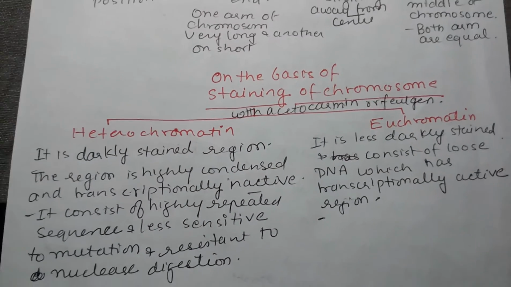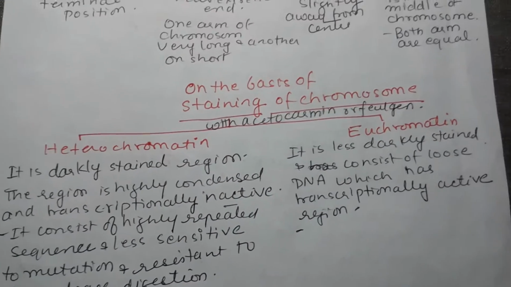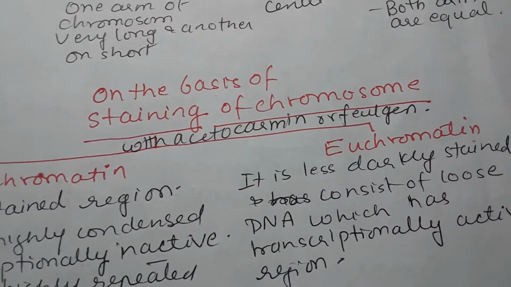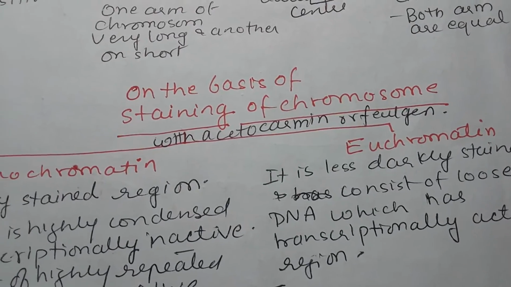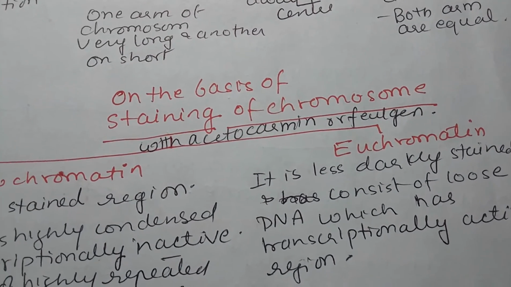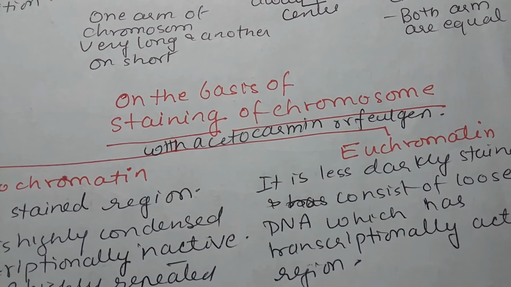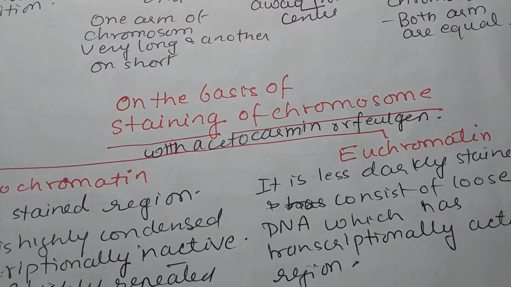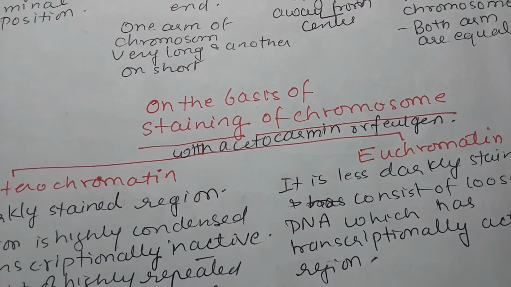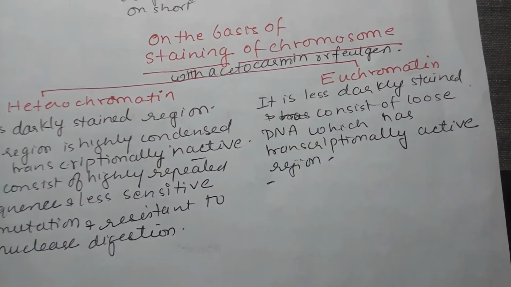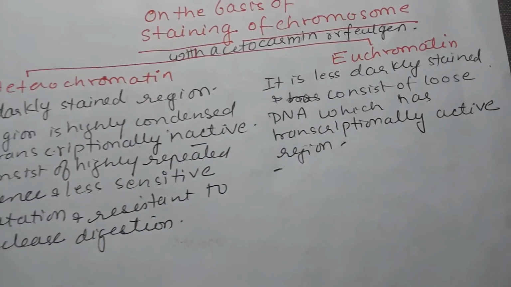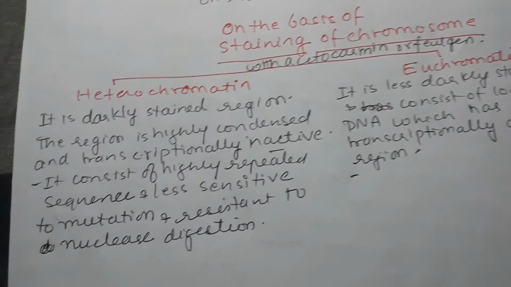Now, on the basis of staining, the chromosomes are divided into two regions. If you have chromosomes or DNA, you can do staining and study the chromosome. When you stain it with acetocarmine or Feulgen, you will find that the chromosome takes up the stain in different ways, and it is divided into two regions, heterochromatin and euchromatin.